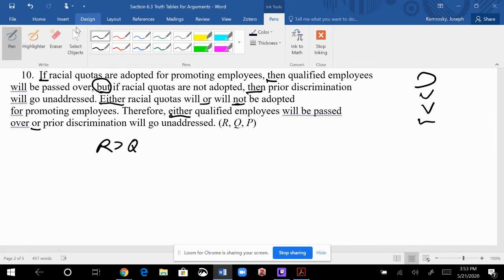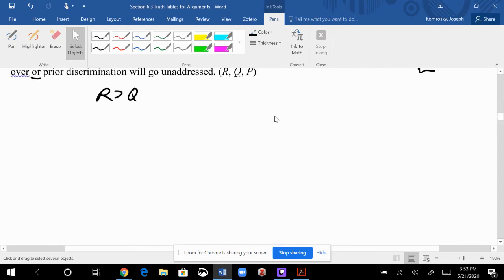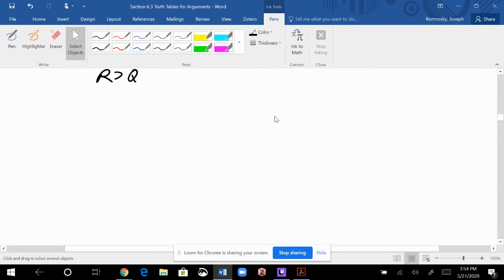Oh, let me see how much room I have. I think I have room. Yes, so let me go up. Okay, so RQ.